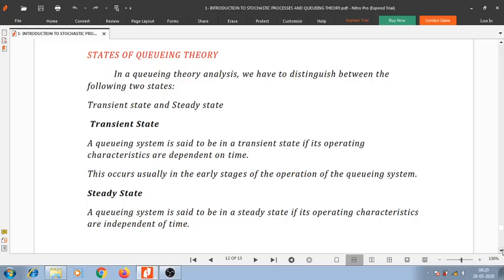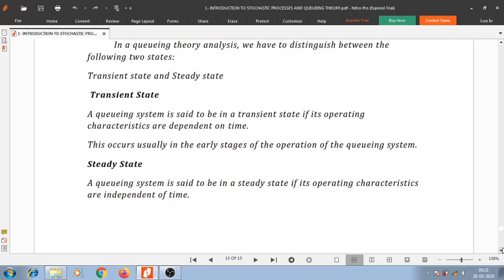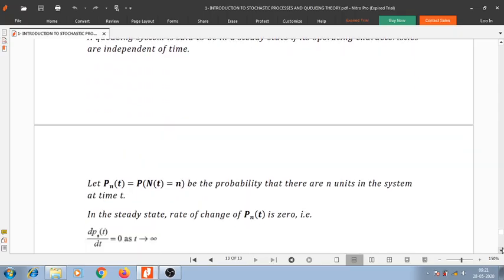As t tends to infinity, these operating characteristics are independent. Right? So transient state solutions depend upon time, and steady state solutions are independent of time. Are you okay? Right.